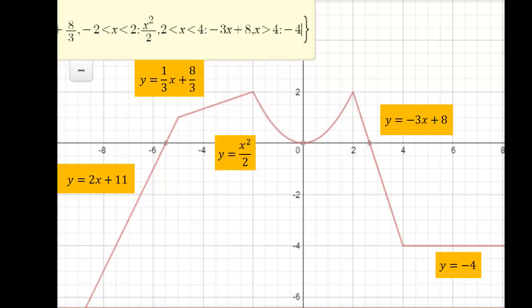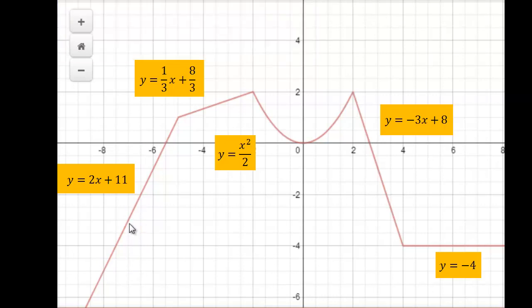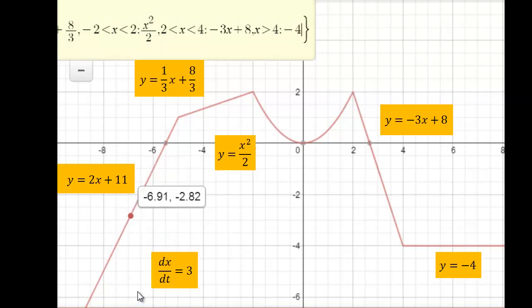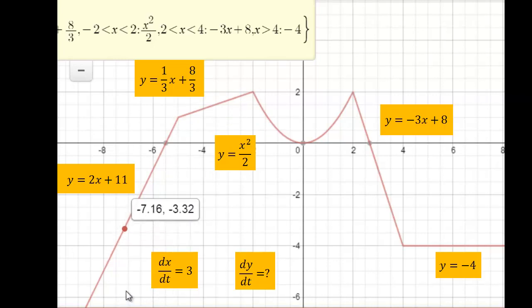So, for example, when x is -7 and x is changing at a rate of dx/dt equal to 3, what is dy/dt? Right at that point, -7, when dx/dt is 3, what is dy/dt?